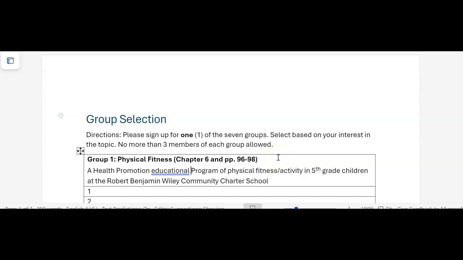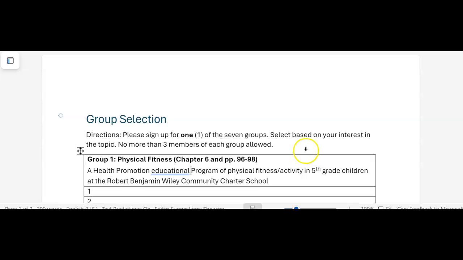You're going to be working in one of these groups for the full semester as you develop this health promotion educational program. So sign up for just one of these 7 groups, based on your interest.